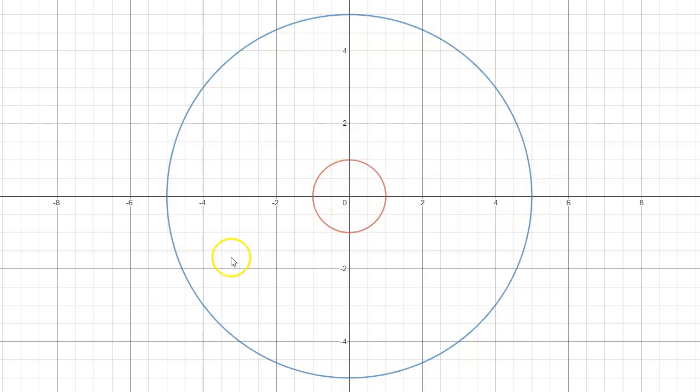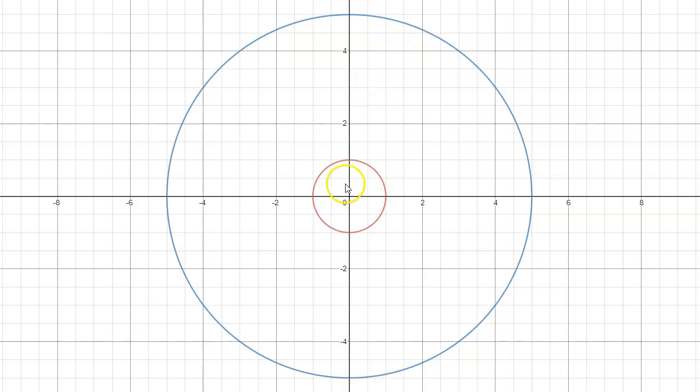So this area is 25 times as big. Notice that if you multiply the radius by 5, the area multiplies by 25. If we multiply the radius by 7, the area would go up by 49. Or if you multiply the radius by 10, the area would go up by 100. It always goes up by the square of whatever the ratio is between the radii.